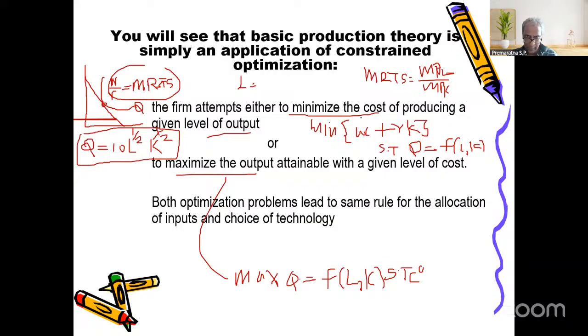Given this output function, in the exam I can also give the wage rate, for example $5, and R also, because this is from the market, let's say $4.